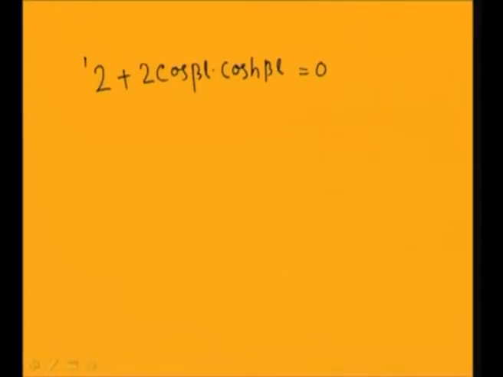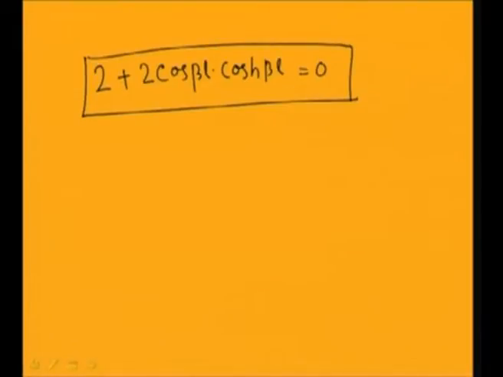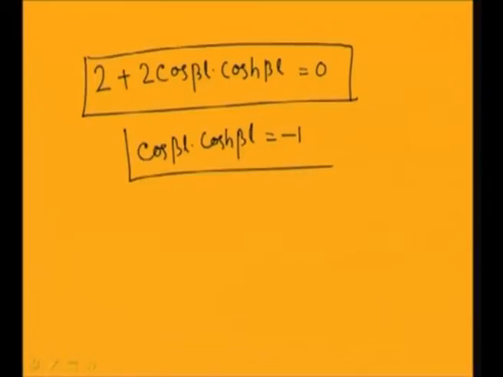This is my frequency equation, or by simplifying, cos beta L into cosh beta L equal to minus 1. This is the frequency equation one can obtain in the case of the cantilever beam.